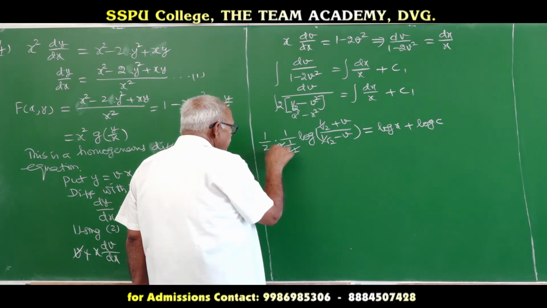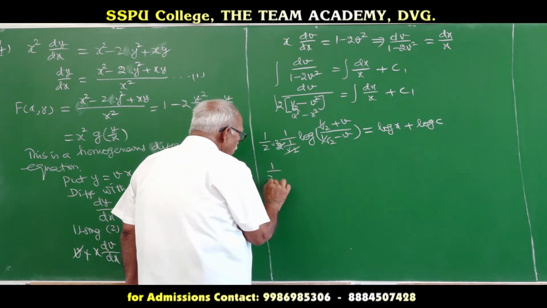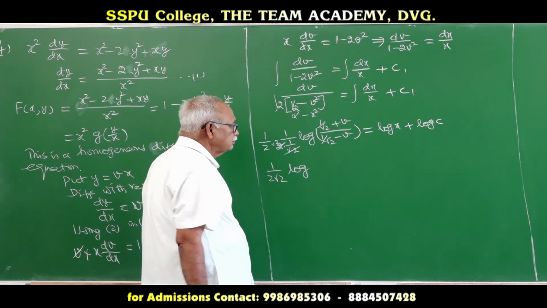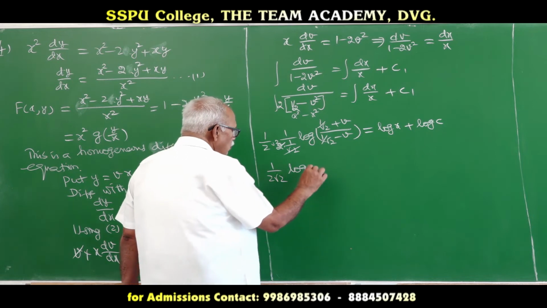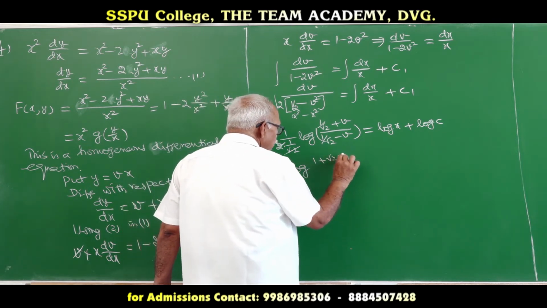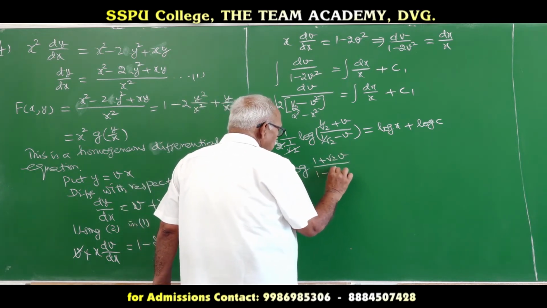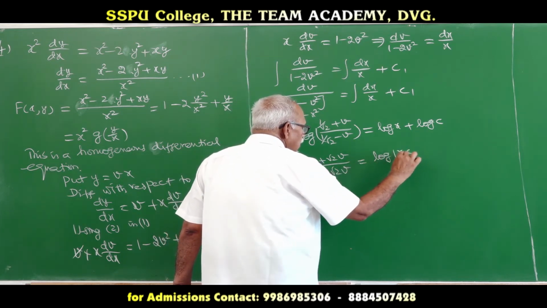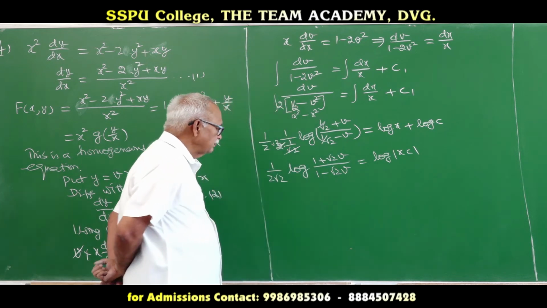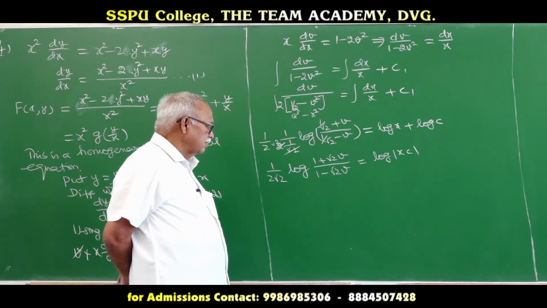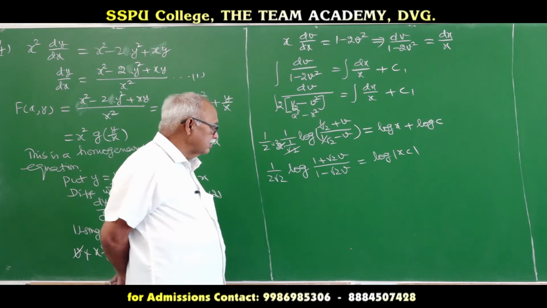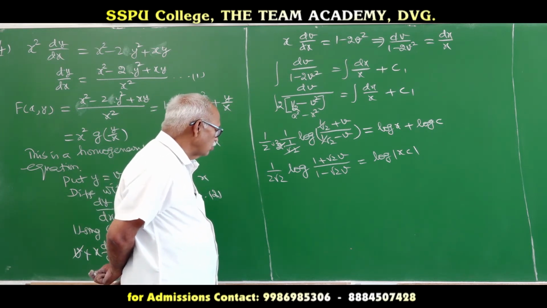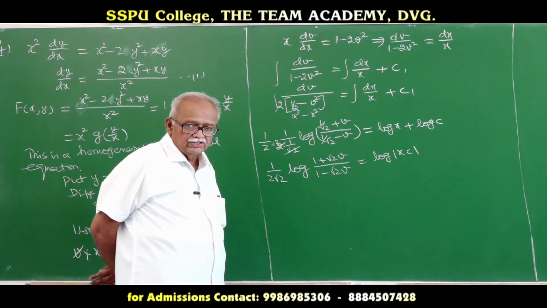Now let us simplify this. 1 by 2 root 2 log of 1 plus root 2 v divided by 1 minus root 2 v is equal to log xc. Now can we cancel logarithms? No, because 1 by root 2 is there.